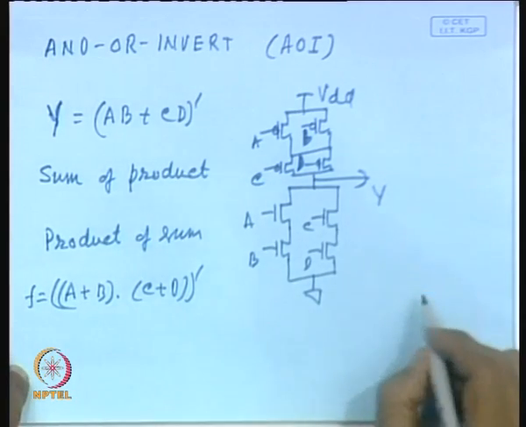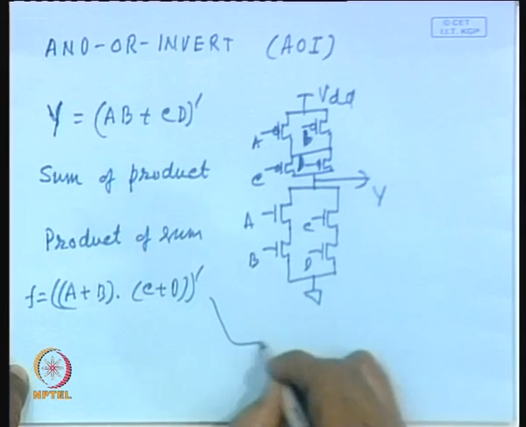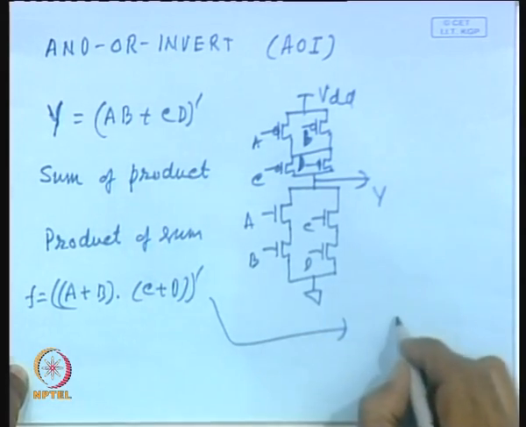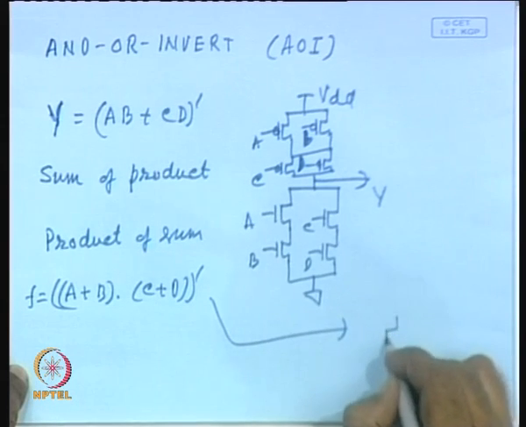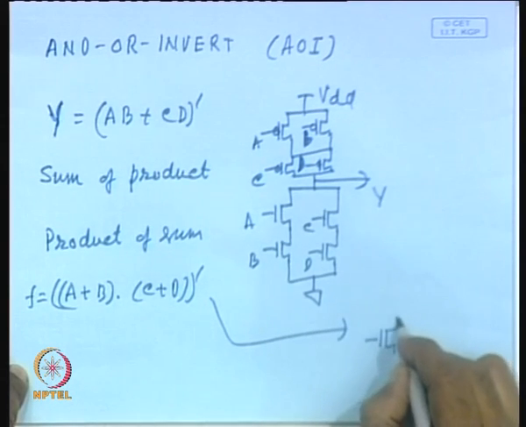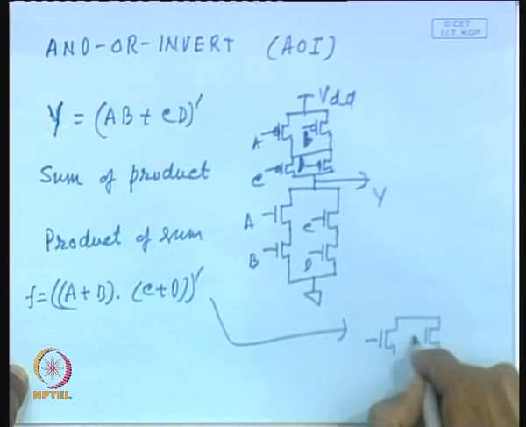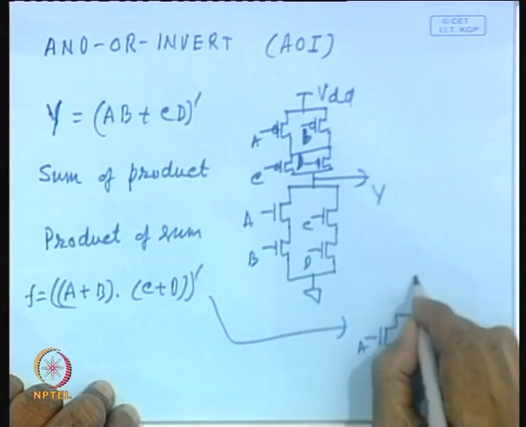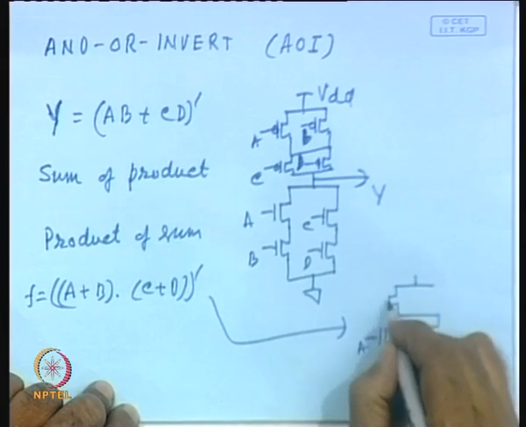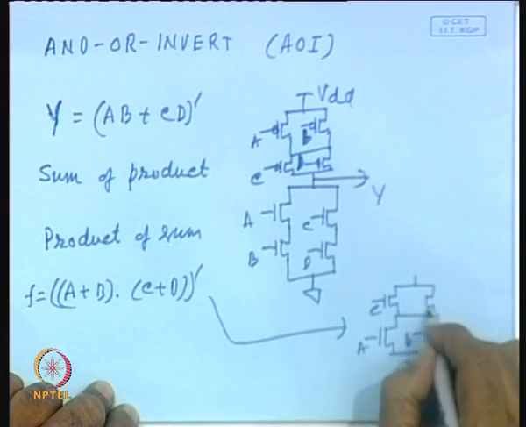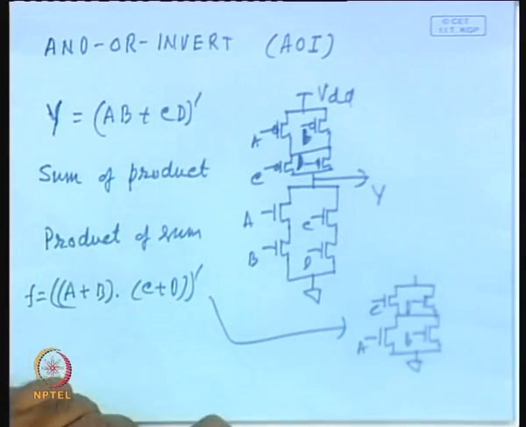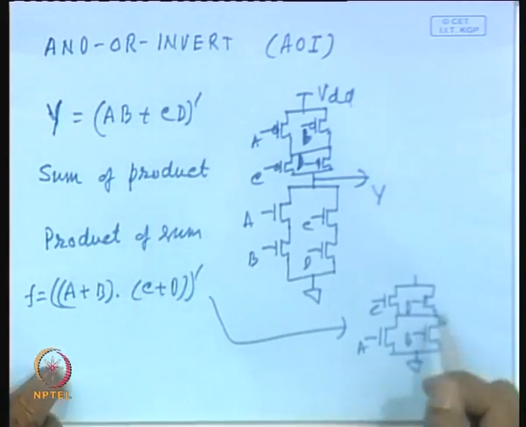For example, the corresponding topology, this function will be realized in this way. So, you will be having A and B in parallel, connected to ground, and C and D again in parallel, and this will form the NMOS network, and PMOS network will be the dual of that.